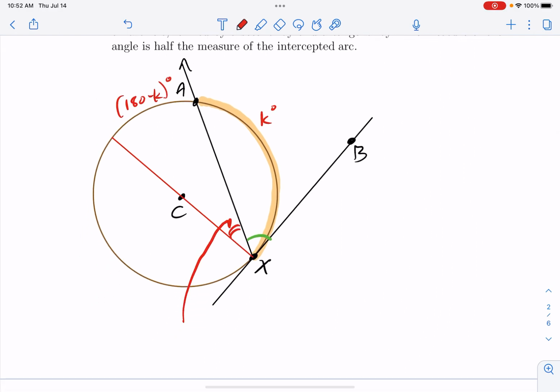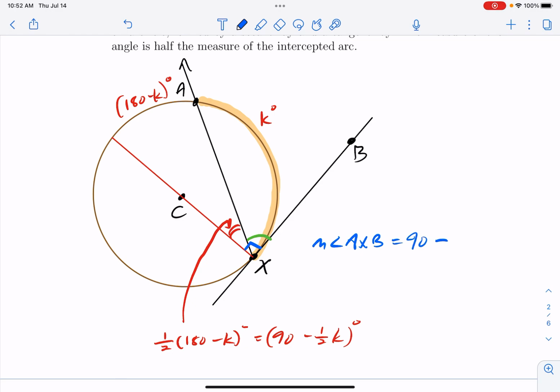So the measure of this angle is 1/2 of 180 minus k, which is 90 minus 1/2 k degrees. We also know that when we have a radius or diameter and a tangent, there's a right angle here. So this is 90 degrees, which means the measure of angle AXB would be 90 minus this red thing.